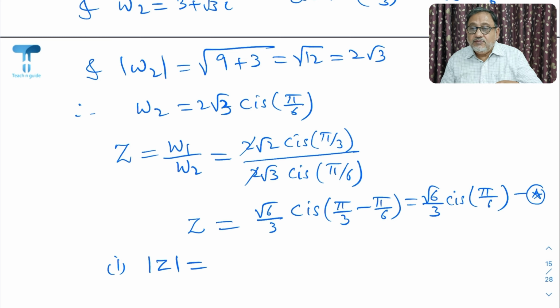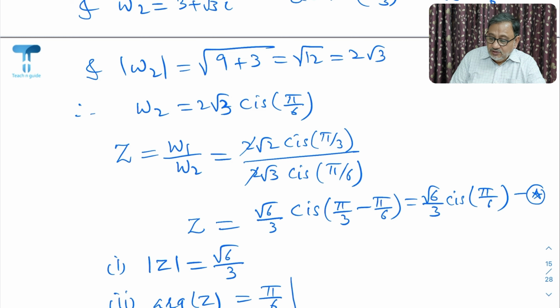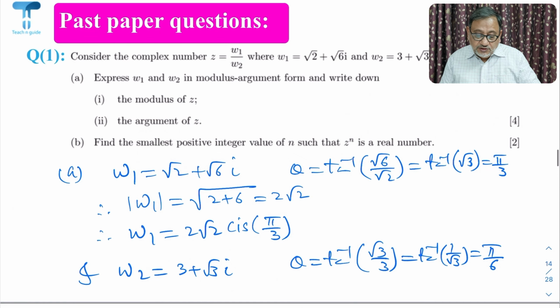So what will be the modulus? Root 6 by 3. We already have it in the modulus and argument form. And argument of Z, second part, we also have, is pi by 6. So these are the two answers, right? Yeah. So I hope you will remember this. Okay. So this was the first part, A part.